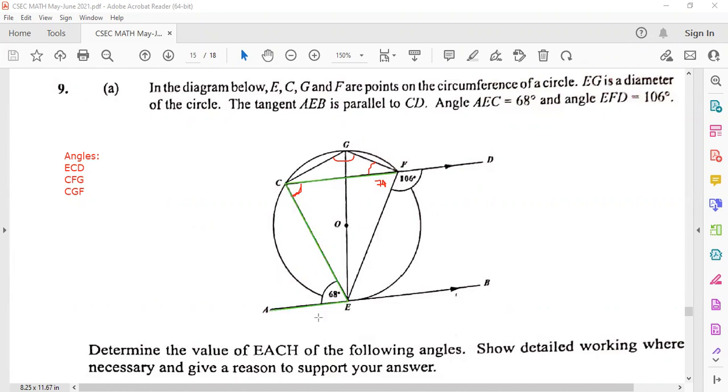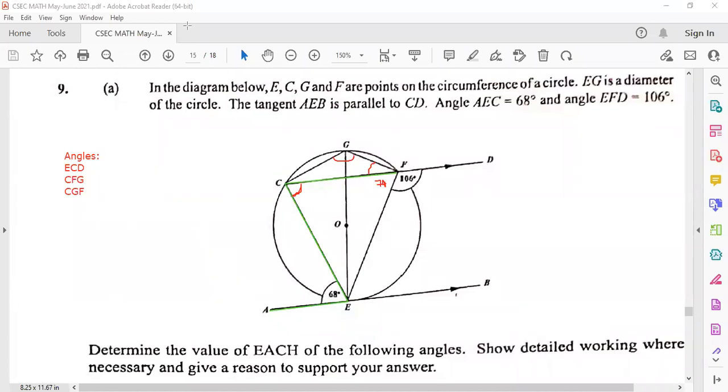And we have also found, whether by accident or by design, angle ECD. Z angles are equal.